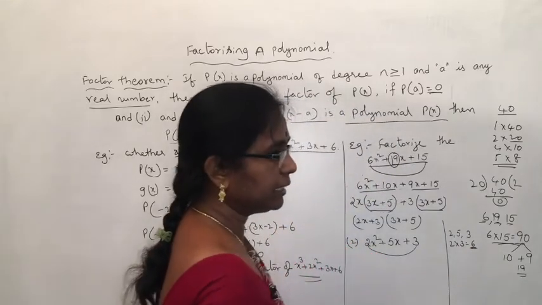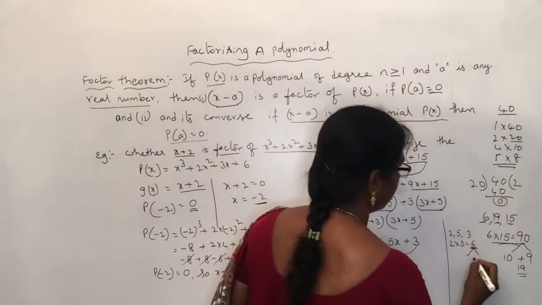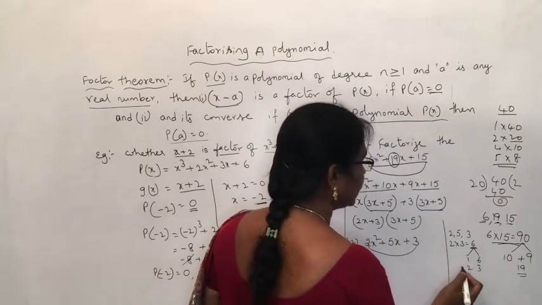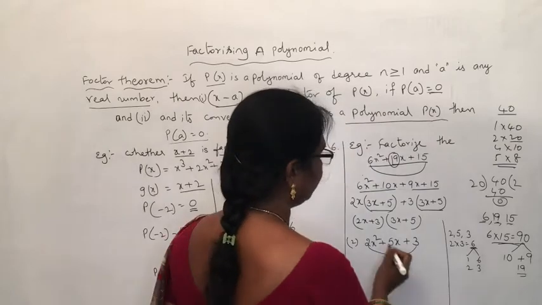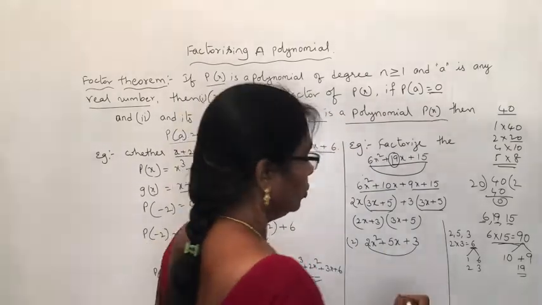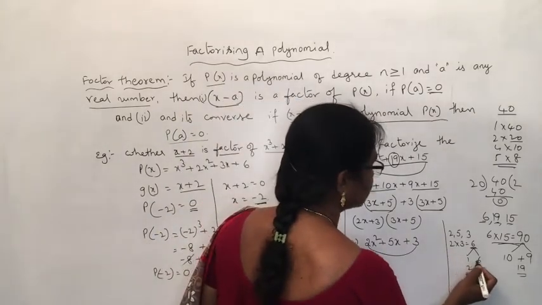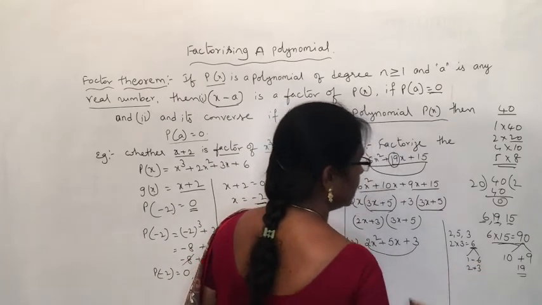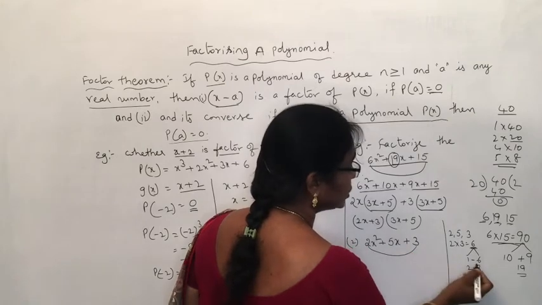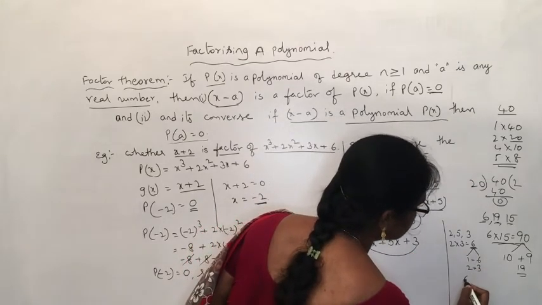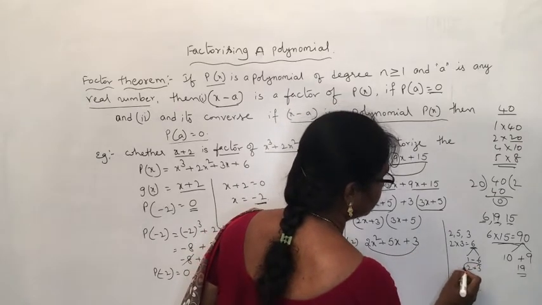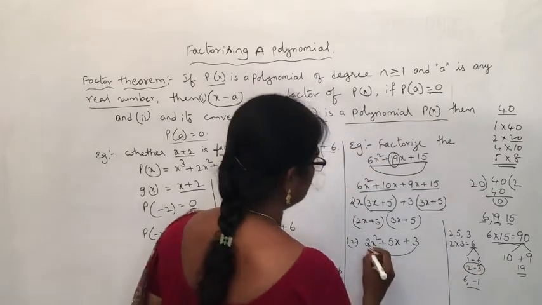Then what are the factors of 6? 1 6 are 6, 2 3s are 6. Then if you subtract or add, you have to get 5. Now if you subtract, 6 minus 1, 5 you will get. 3 plus 2 also you will get 5. But if you subtract, you will get 1, 6 minus 1. But here minus is not there. Then we have to take 2 plus 3.